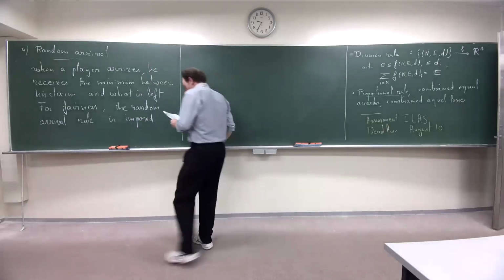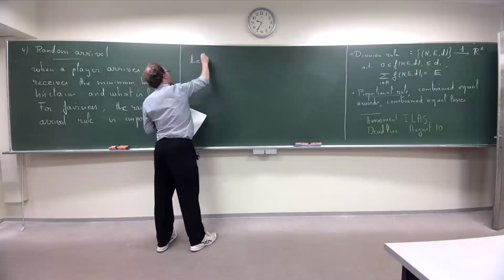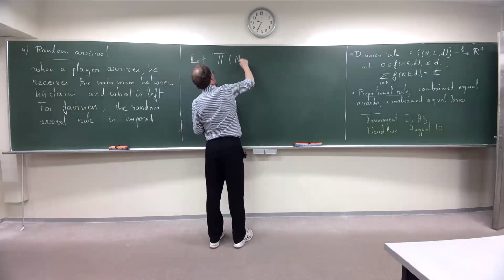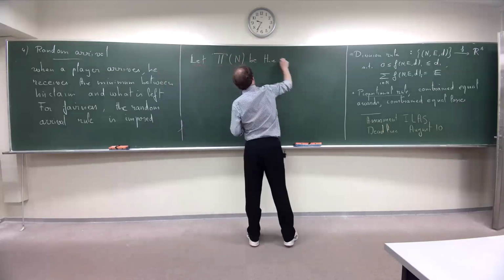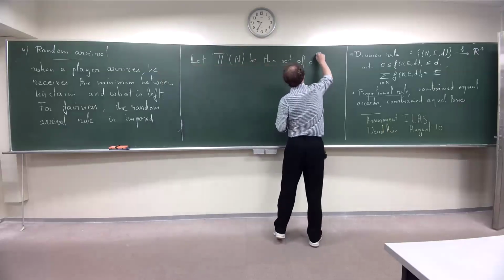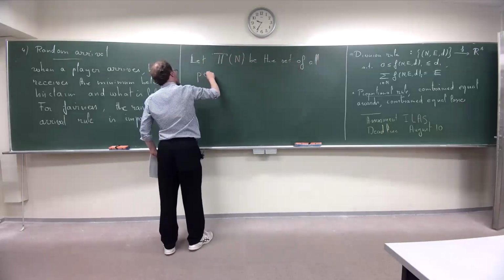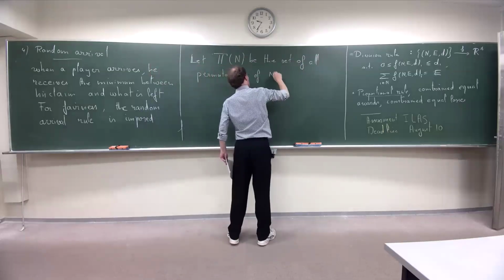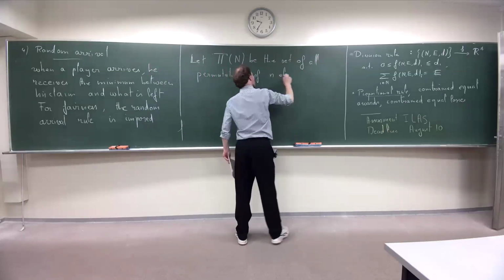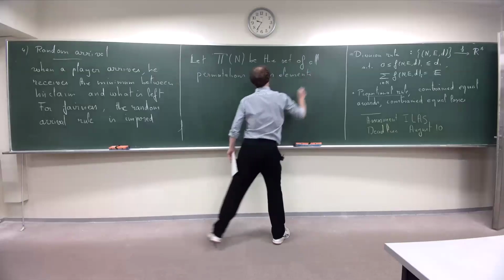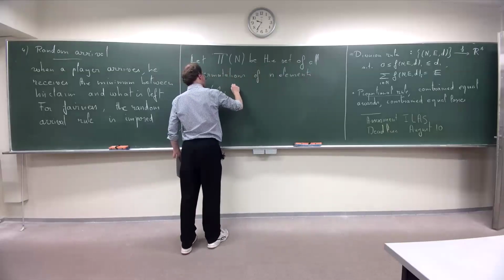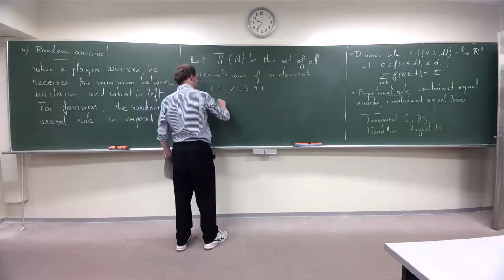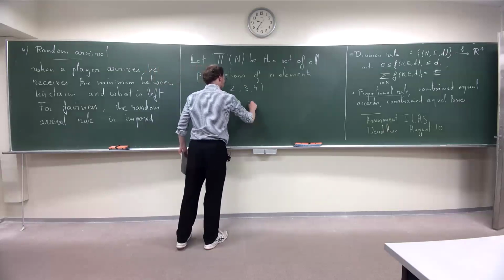So I remind you one notation. Let capital Pi(N) be the set of all permutations of n elements. So what is a permutation? Remember, if I take 4 elements, a permutation is, let's say, 2, 4, 1, 3.